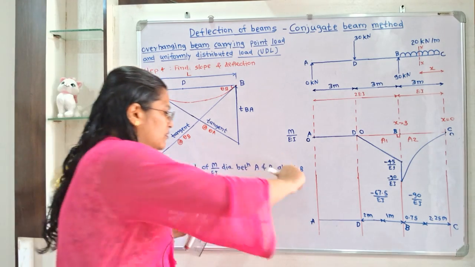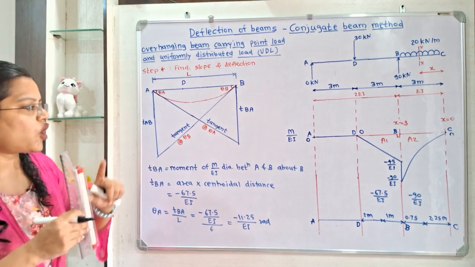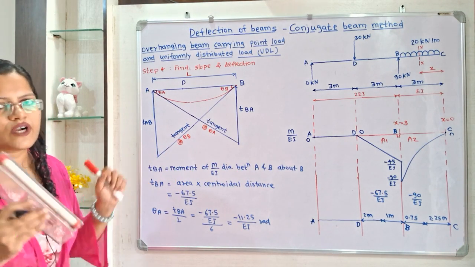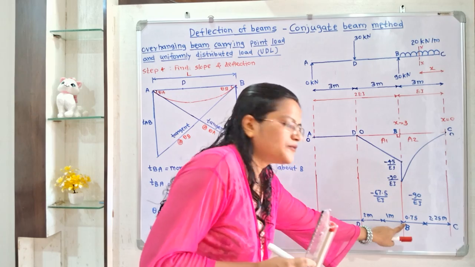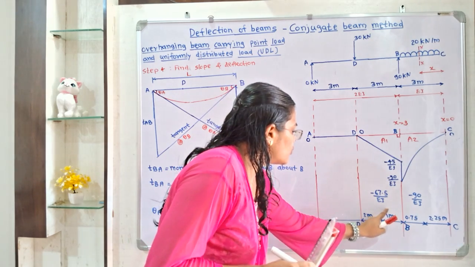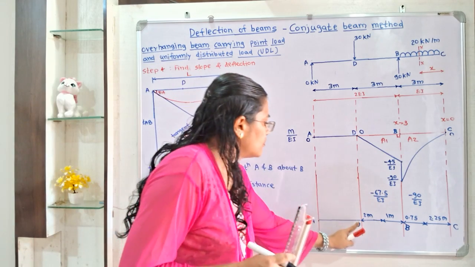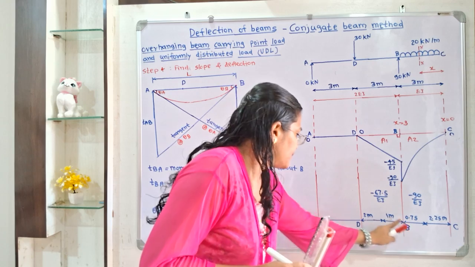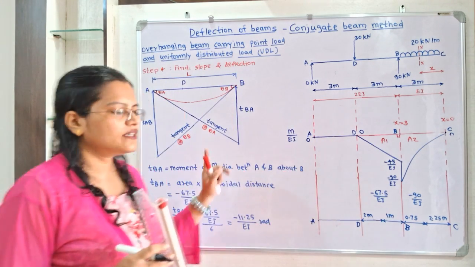Now in between A and B we have to find all the areas and all the centroidal distances. So here is area A1 and its centroidal distance from B is equal to 1 meter. So we have to observe this section DB, and for this section AD there is no area, no centroidal distance.